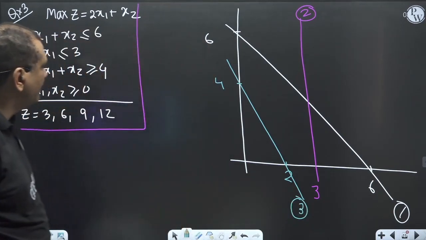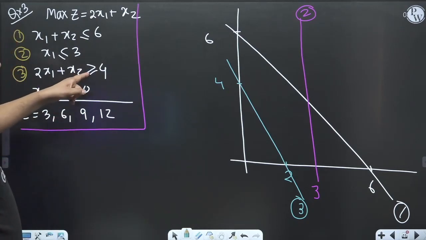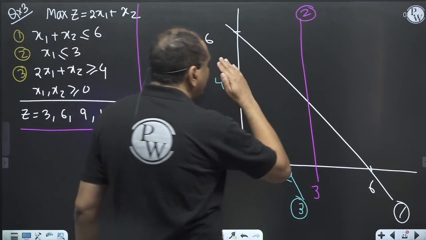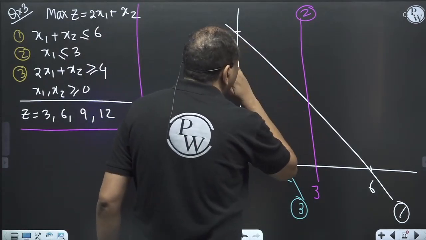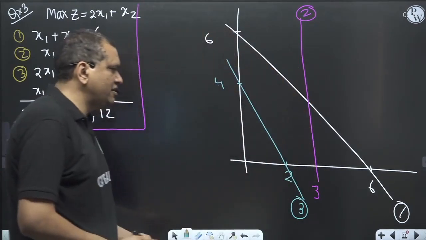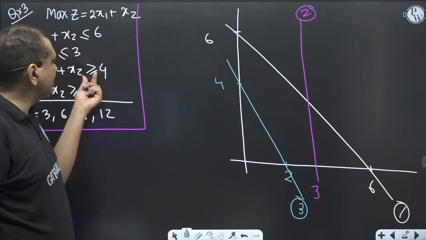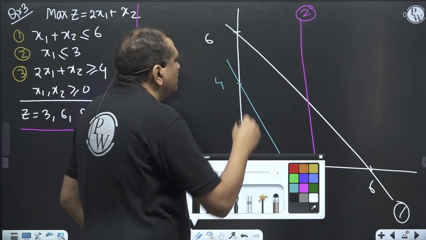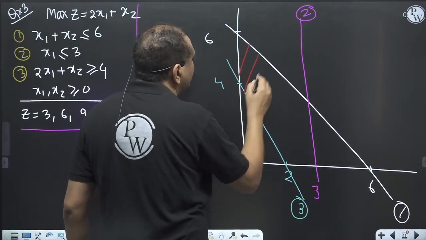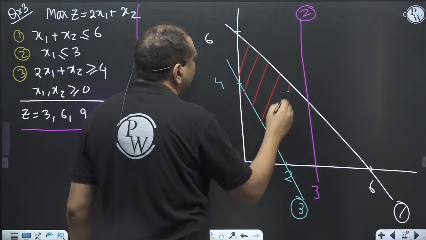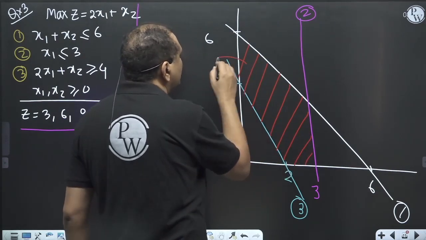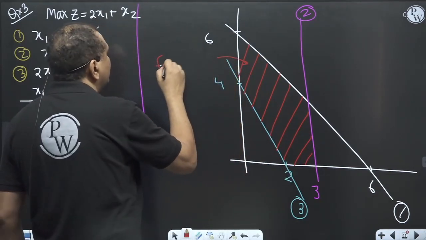Because it is a greater than sign, the region will be away from the origin. So my feasible region is this. This is my feasible region.